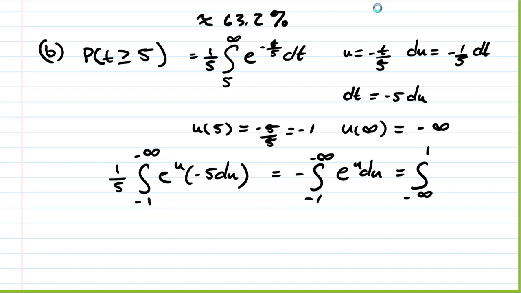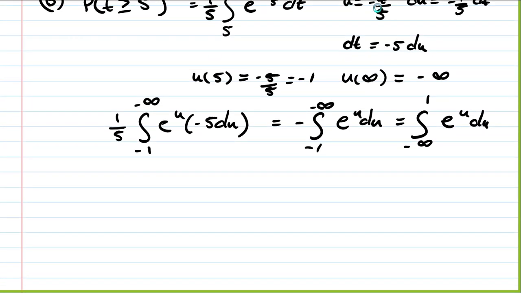So from negative infinity to positive 1 of e to the u du. So we evaluate, our antiderivative is e to the u, and we evaluate from negative infinity to 1. So that's e to the 1 minus e to the negative infinity is 0.